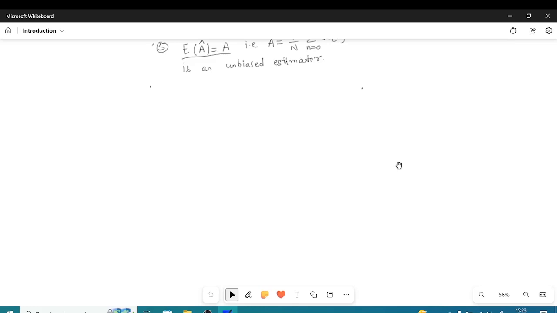So now let's plot the PDF of this estimator. Its mean value will be A and it will have some variance that we will discuss later. Okay, so I'm drawing the PDF of A hat.